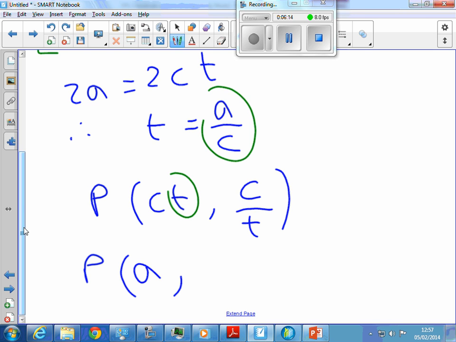This is t. c over that gives us c squared over a. Okay, let me do that in the same color so you don't get confused. So where did I get that? I substituted t into the coordinate for P.